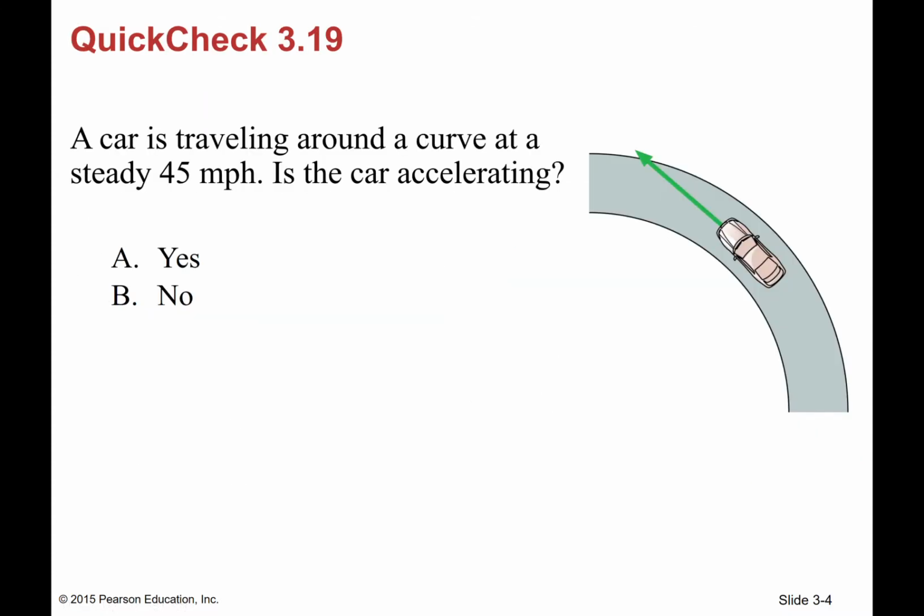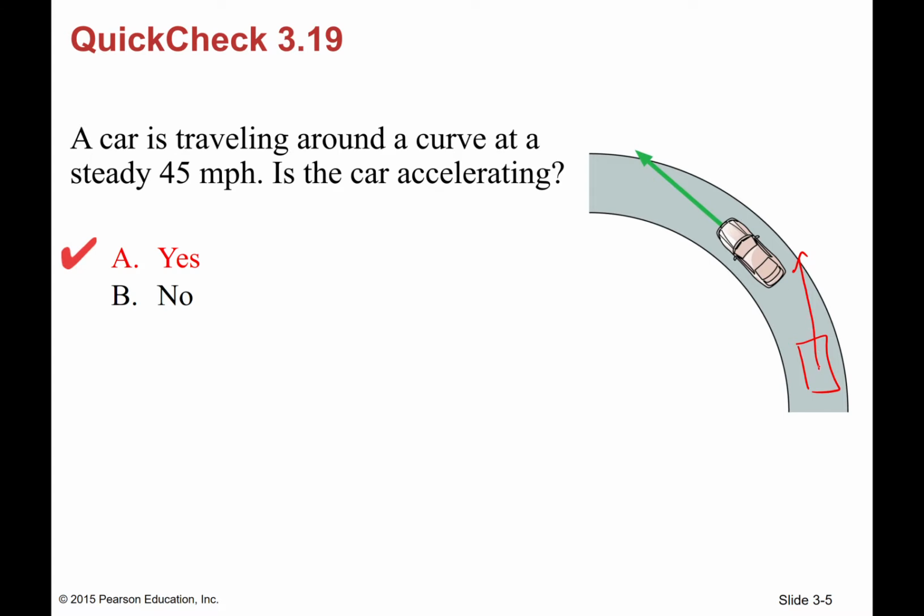Let's look at a simple question here. We have a car traveling at 45 miles per hour, and the question is: is this car accelerating? Take a minute to answer this question. And the answer is yes, because if the car is here, then the velocity vector is going to be something like that. It's going to have the same magnitude as this green vector, but a different direction.